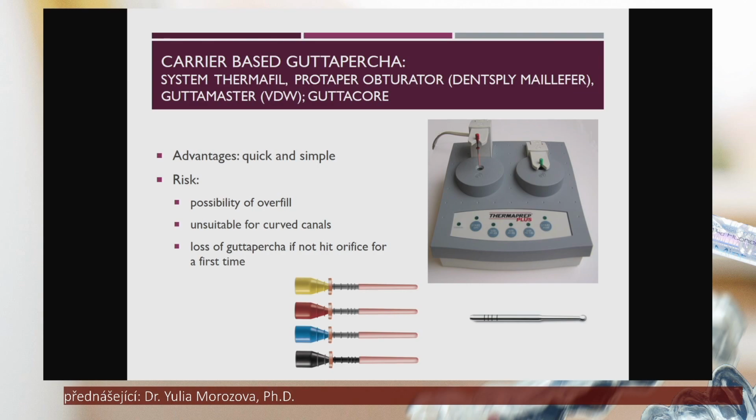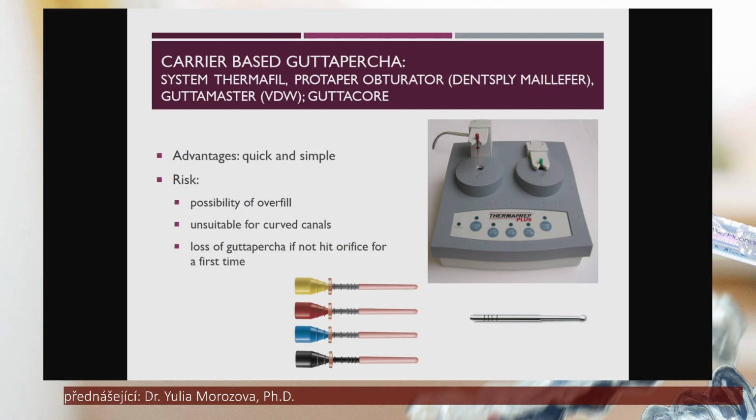These obturators could have ISO sizes according to the ISO system, like for example Thermafil or GuttaCore, or they could have specific special sizes that are suitable for specific root canal rotary instruments, like for example ProTaper, Wave 1, and so on.